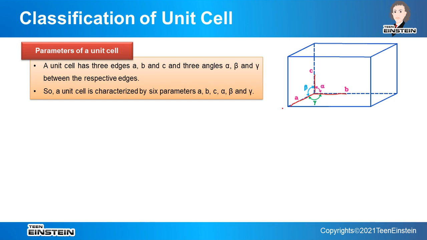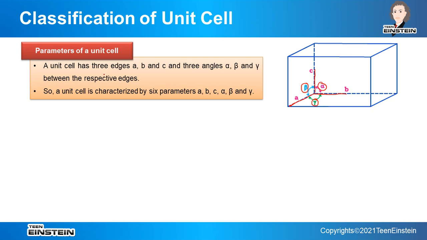The angle between A and B is gamma, the angle between A and C is beta, and the angle between B and C is alpha. These are the 6 parameters by which we can specify the unit cell.